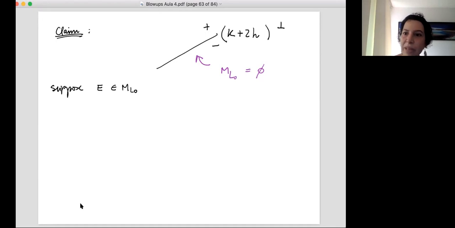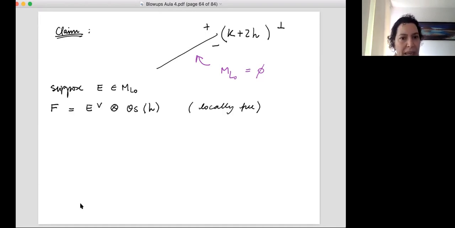Let me give you an idea of how we prove that these walls define this stability. These are walls for the stability. So suppose that we have some semi-stable object in L0. Here by L0, I mean something on the negative side of the hyperplane.